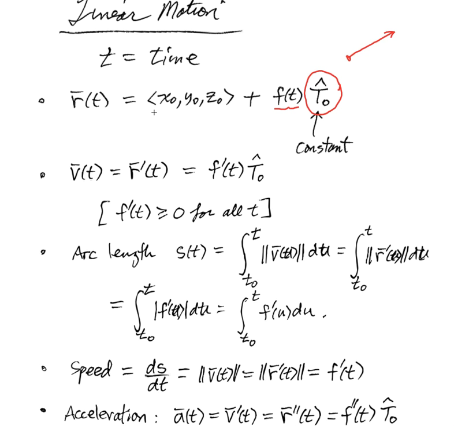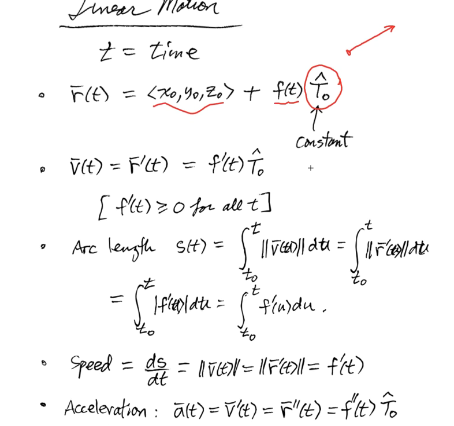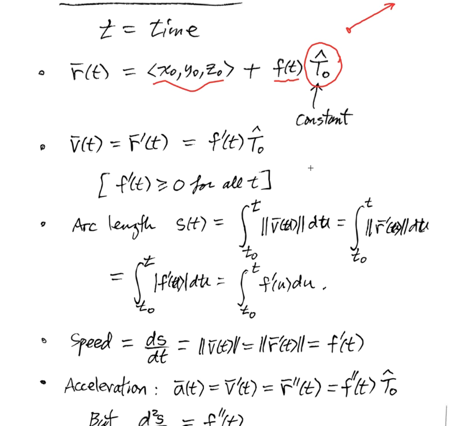Now, if I differentiate this constant vector, I just get 0, so I'm ignoring that. This is supposed to be constant, so that's t naught. That stays, so all I'm really doing when I differentiate here is differentiate the scalar multiple on t naught. So I've got f prime of t times t naught here. Now, we're going to make this assumption.